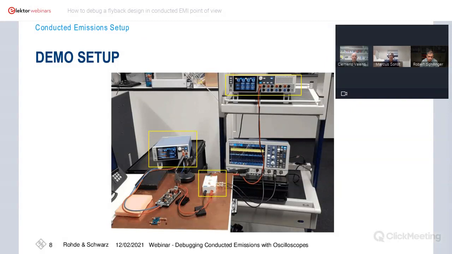And there are also some boxes on the ground plane, which I will describe later on, what is the purpose of those boxes. But that's actually a quite common setup, I think, in the lab.